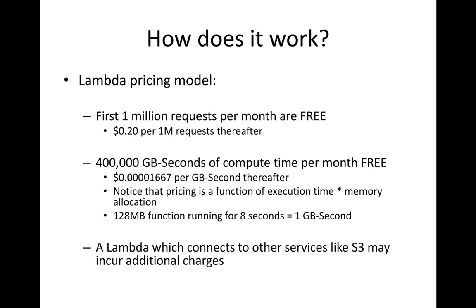So there is a sort of a formula that's based on the execution time, multiplied by the memory allocation. And there you can find tables out there that help you understand, like, if you allocate 1 gigabyte versus 2 gigabytes, how much is it going to cost you based upon an average execution time of 500 milliseconds or something.